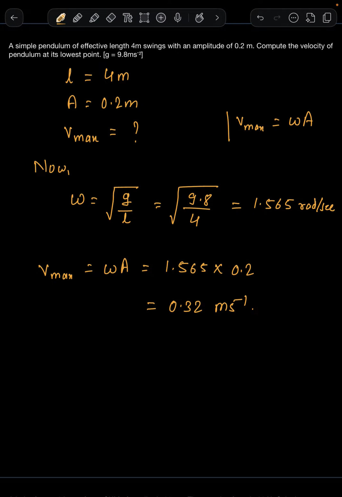Now time for the third question. A bob of mass 8 kg performs simple harmonic motion of amplitude 30 cm, which is equal to 0.3 meter.